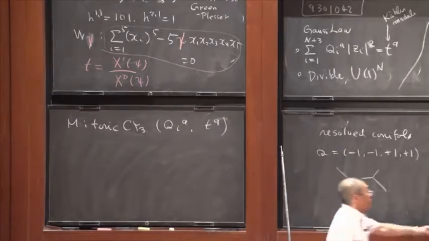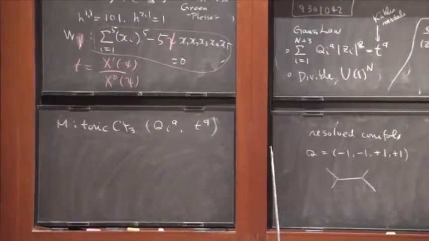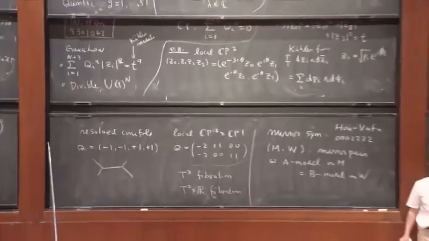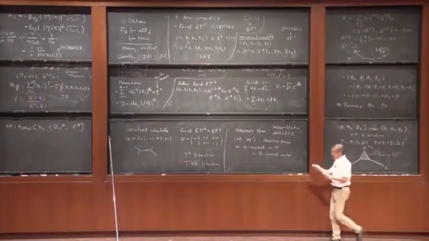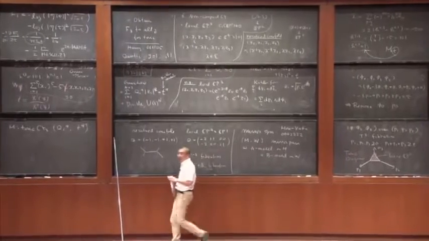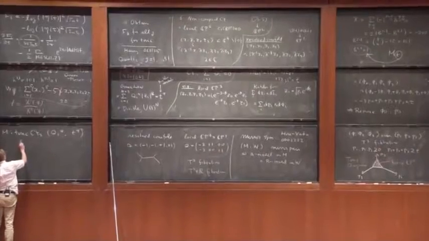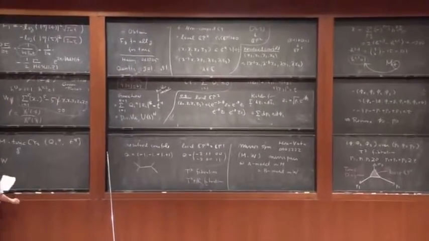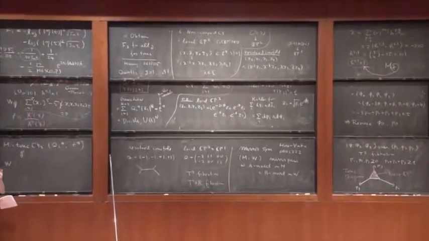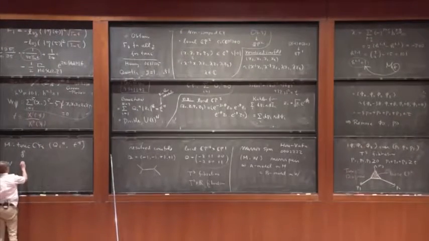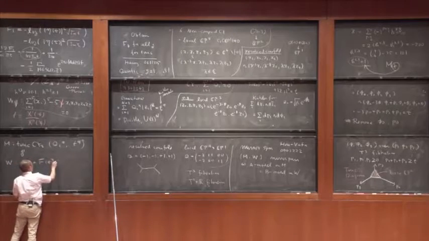So you have a T3 fibration, and on each of these fibers, you can do a T-duality transformation. But you have to be careful because sometimes the fiber degenerates, and then there are instanton corrections associated to it. If you take those into account, you find that the mirror Calabi-Yau manifold is given by an equation in C4, given by the following equation.